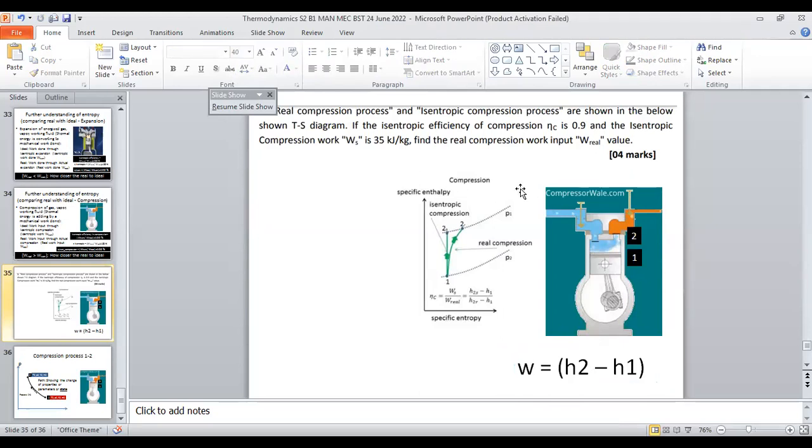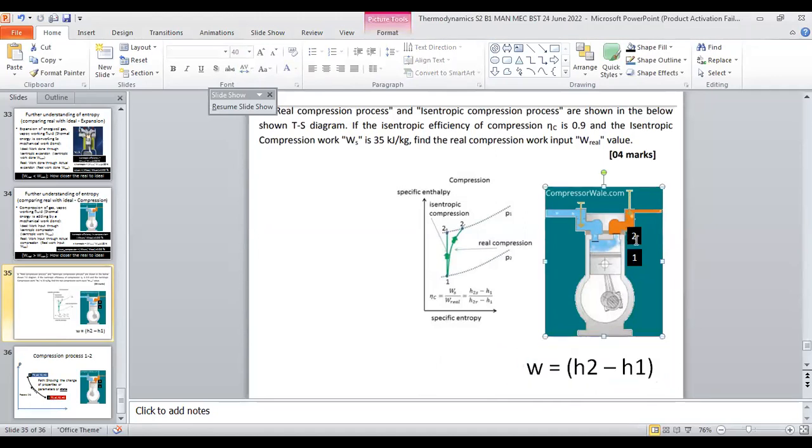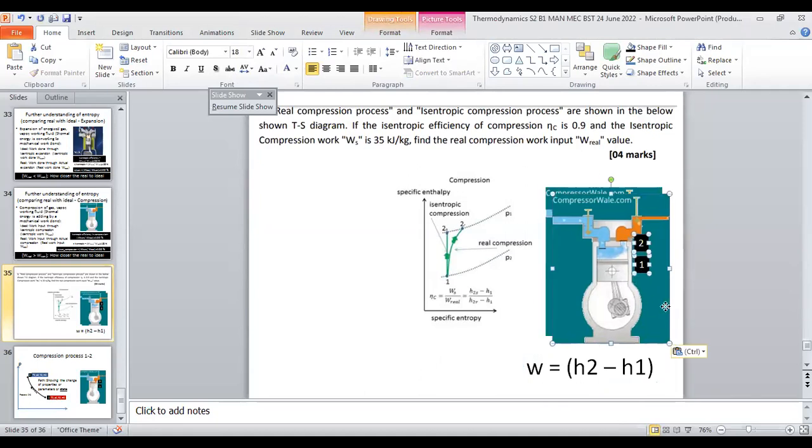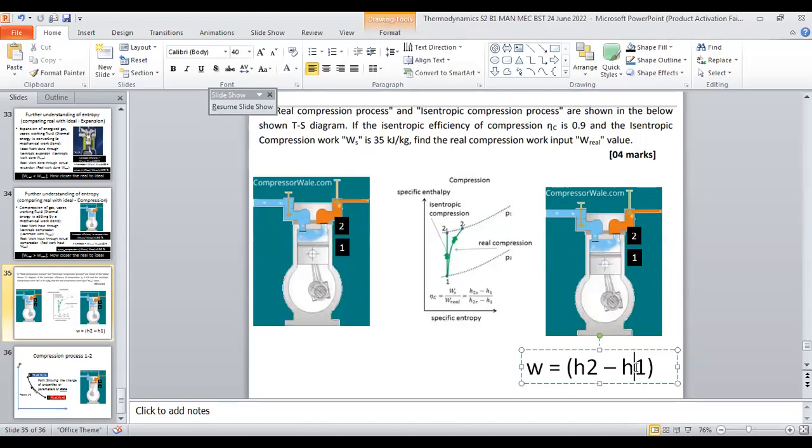Good, and this is in general. And let's say now isentropic, equal to WS in this.